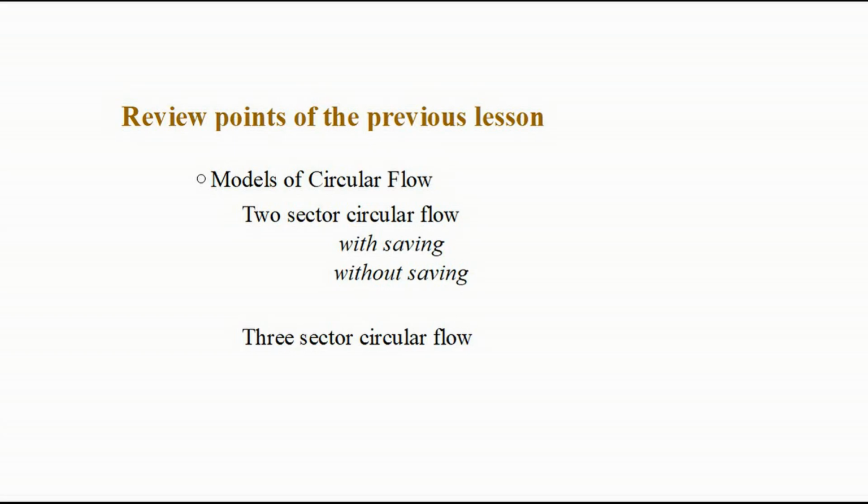In the two-sector circular flow model, we have discussed that there are two subdivisions: the two-sector circular flow with saving and the two-sector circular flow without saving. In the two-sector economy without saving, all the income earned by a household and firm is totally spent for the purchase of goods and services and factor resources.